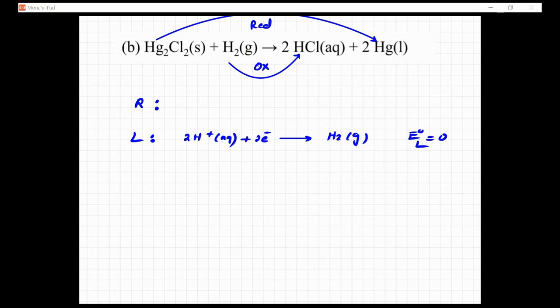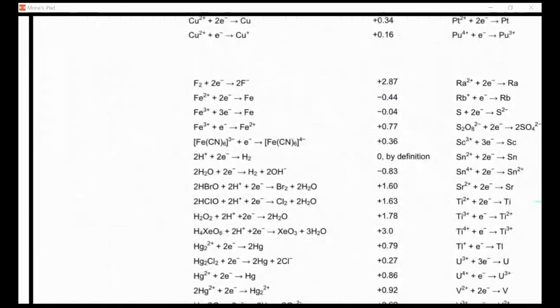Now, on the right, what is it I have to do? On the right, I will see if I have a couple of that. The couple I have in my equation is Hg2Cl2 and Hg. I need to see if I have something in the table. Let's go to the table.